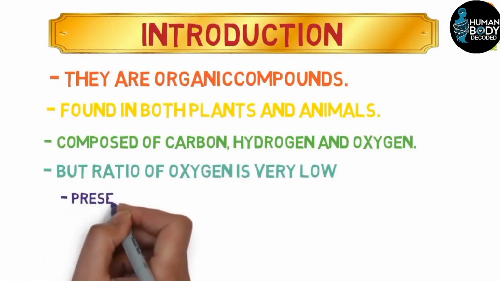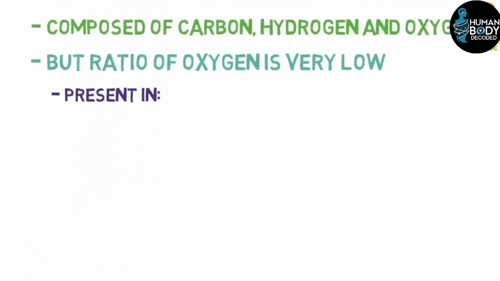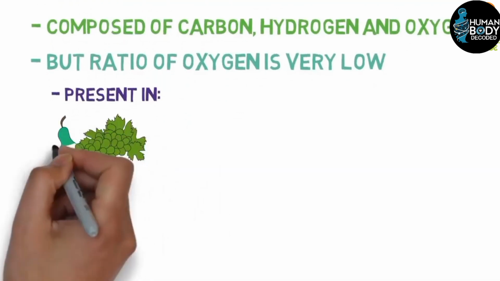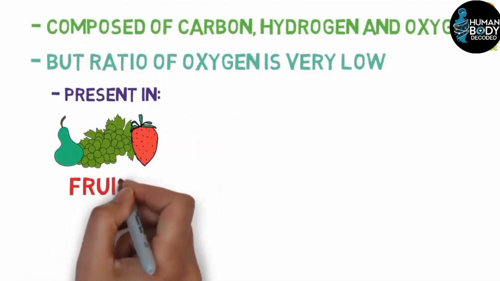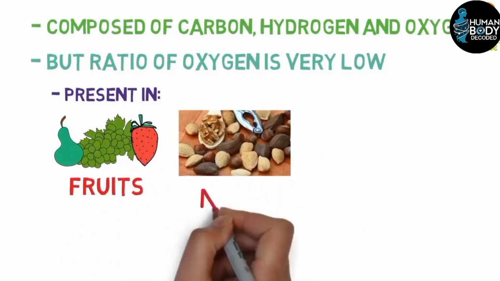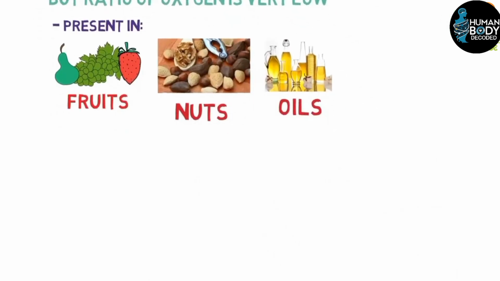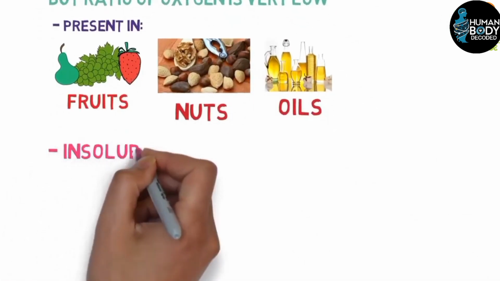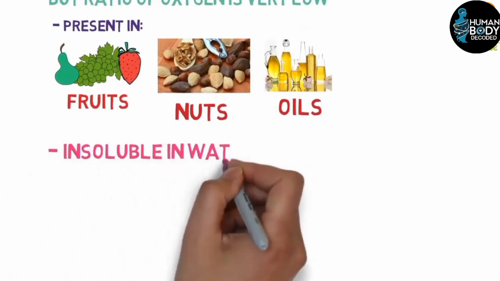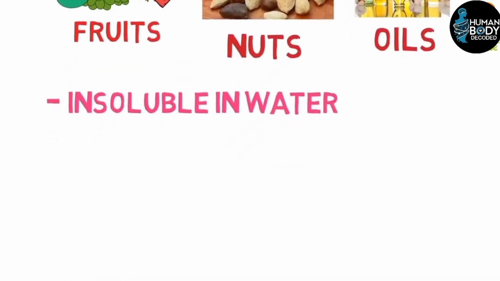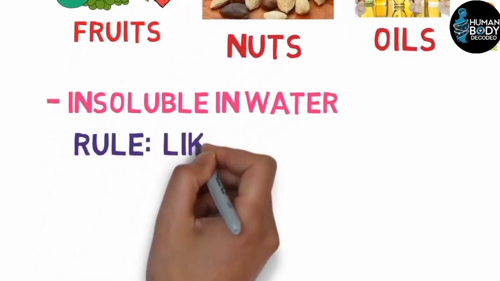If we talk about the presence of lipids, they are found in various sources. Lipids are present in fruits, nuts, and oils. An important characteristic of lipids is that they are insoluble in water. You might remember the rule I taught earlier, like dissolves like.